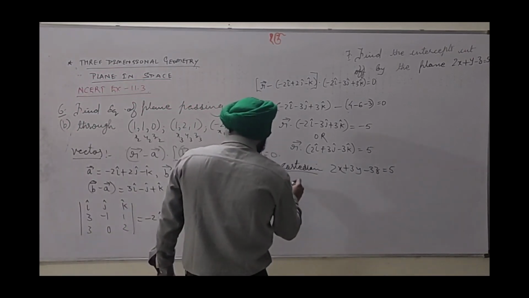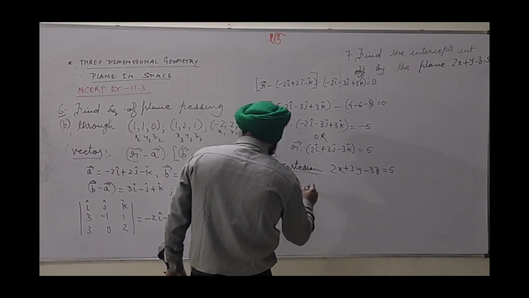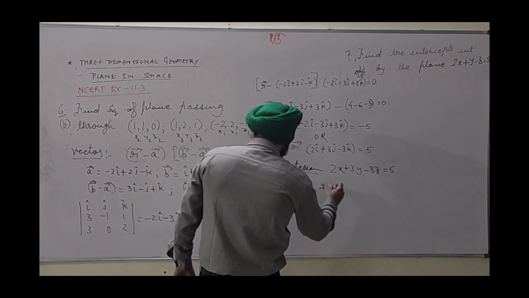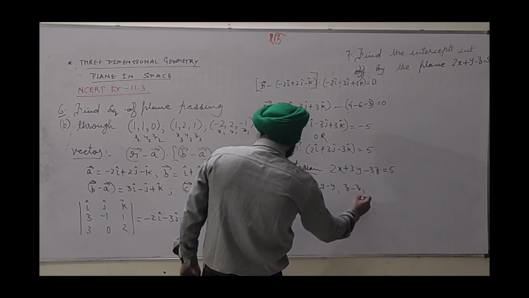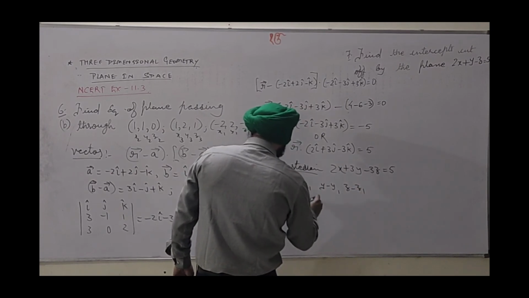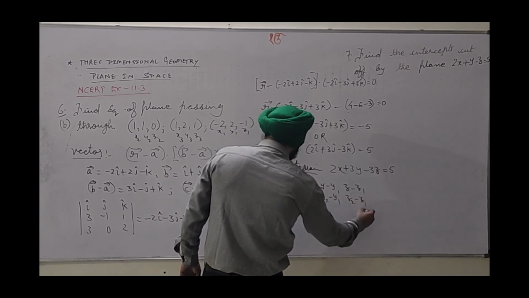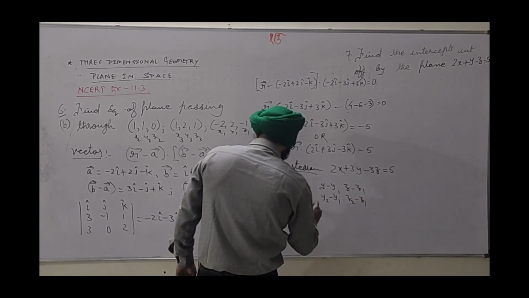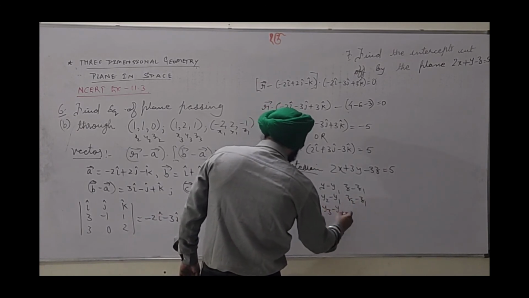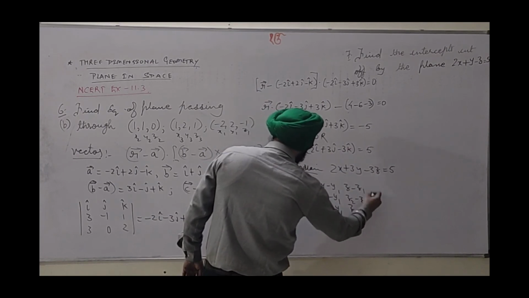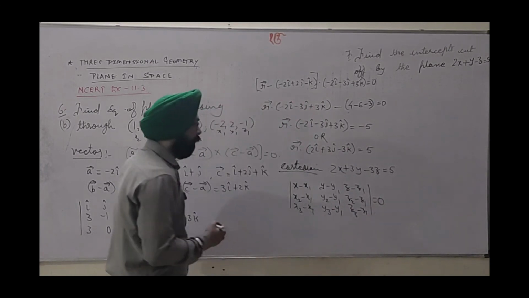Cartesian form, its equation was the determinant with rows x minus x1, y minus y1, z minus z1; x2 minus x1, y2 minus y1, z2 minus z1; x3 minus x1, y3 minus y1, z3 minus z1, equal to 0.